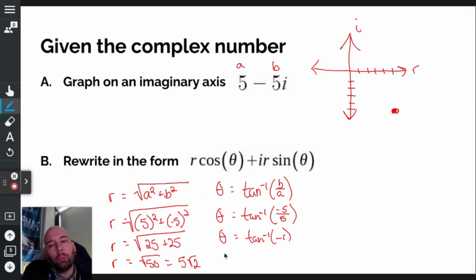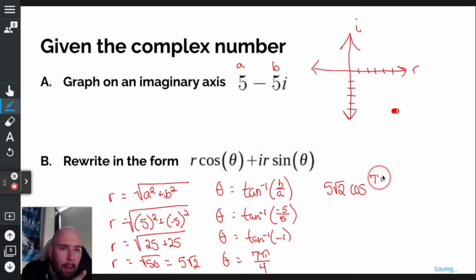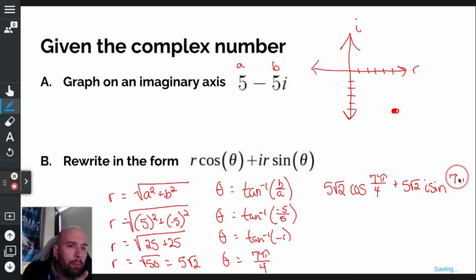Took me a second there. So putting this all together, we can write out 5 root 2 cos 7 pi over 4 plus 5 root 2 i sine 7 pi over 4.